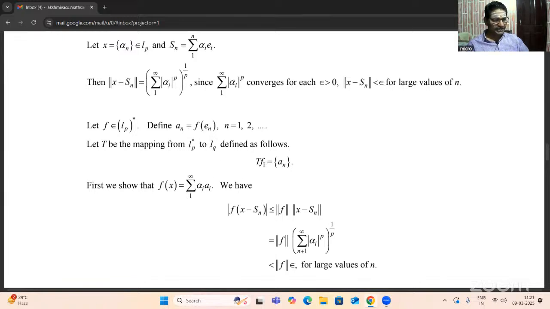That's why, when we apply the functional, f of x equals summation alpha i ai.